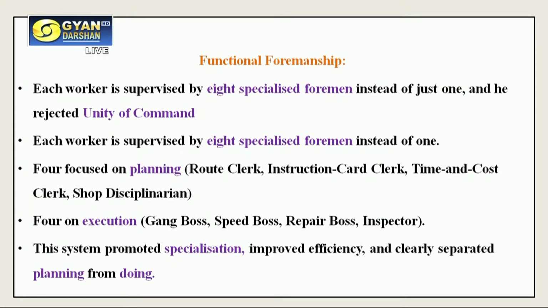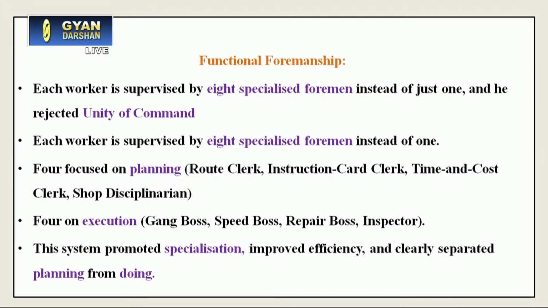In those 8 foremen, the first group focused upon planning: the order of work or route clerk, the instruction card clerk, the time and cost clerk, and the shop disciplinarian. So this was the planning. And for execution, they need a gang boss, a speed boss, a repair boss, and an inspector.